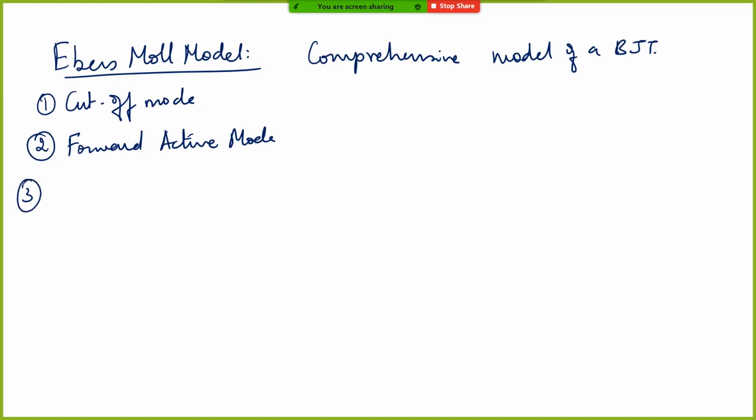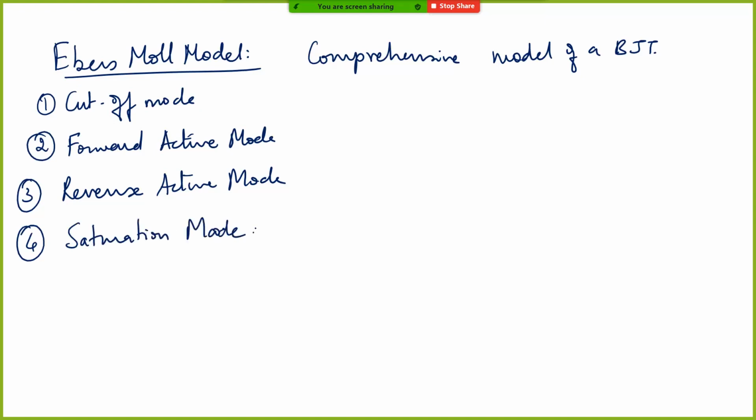Now we looked at the reverse active mode. And we will try to look at saturation mode today if possible, or if not, tomorrow or in the next class. These are the 4 modes in which your transistor can possibly work. It covers all the combinations. Now this model can capture the performance in all these 4 modes.